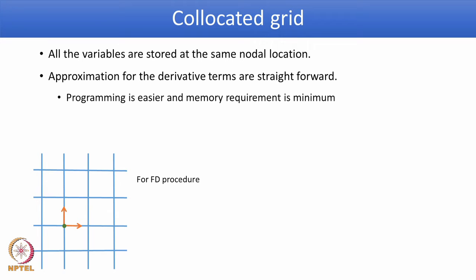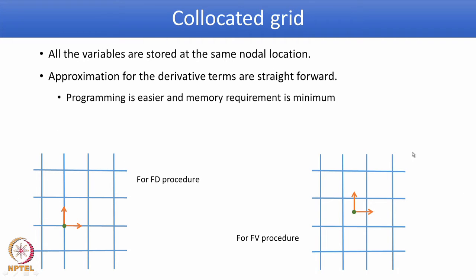If you look at the mesh arrangement, what is shown here is for the finite difference procedure, and what is shown on the right side is for the finite volume procedure. As you can see here, this is a location where all the variables are stored.